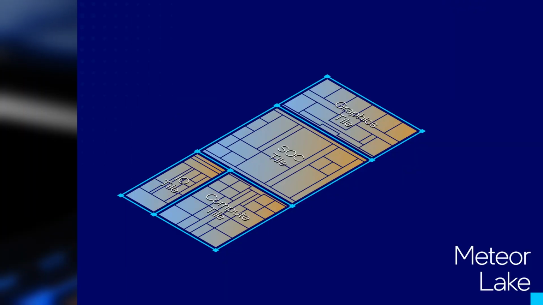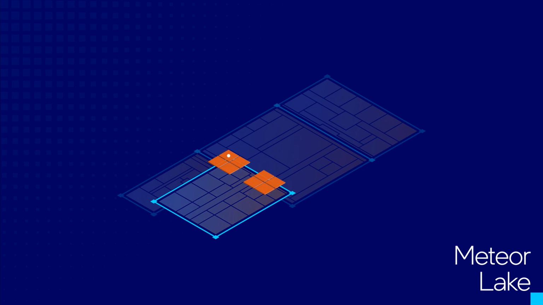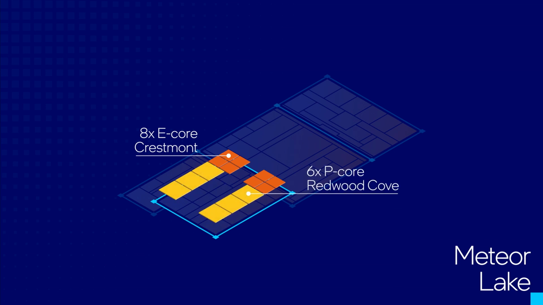In the episode, Tim describes 4 tiles that make up Meteor Lake: compute tile, graphics tile, SoC tile, and I/O tile. Let me talk about the major improvements we have made with our hybrid architecture and associated Intel Thread Director technology in Meteor Lake. First, we built disaggregated compute tile using Crestmont E-cores with increased IPC and additional improvements for CPU-based AI, as well as new Redwood Cove P-cores with improved power efficiency from design and process.